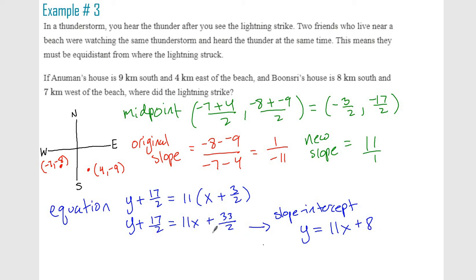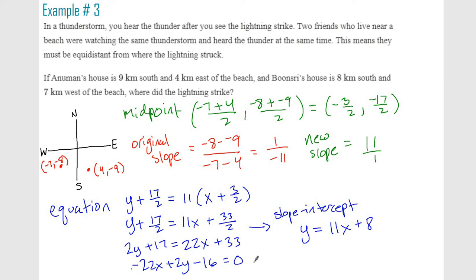And then if we wanted to do standard form, I would multiply everything by 2. So 2y plus 17, multiply it by 2, 22x plus 33. So then, okay, if you move the 22x to the left side, it becomes negative, and then move the 33, you get negative 16.